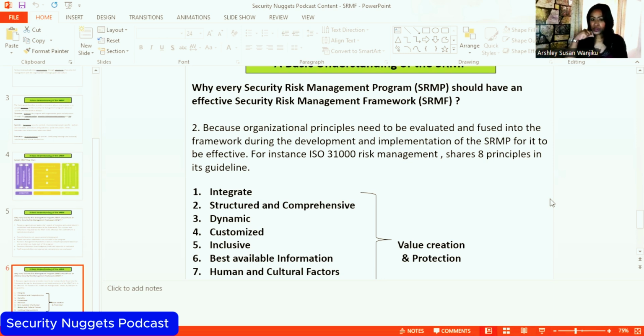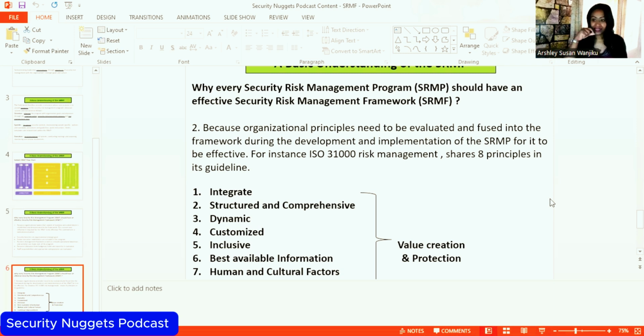But in the security risk management program, you have to include all the relevant stakeholders, whether they are working or not working within the security department, as long as they are critical towards protecting and securing critical organizational assets. All right? Whether those assets are interconnected or not, all right? They have to be included, all right?